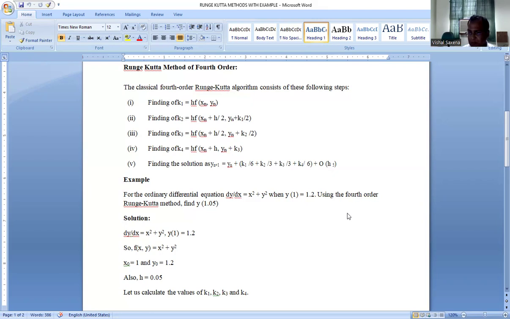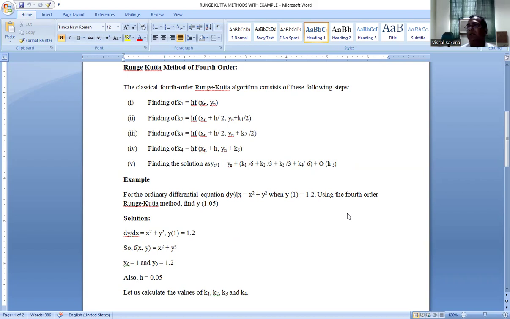So this question, using the fourth order Runge Kutta method, we have to find the value of y at x equal to 1.05. So this method, Runge Kutta fourth order method, is to be used, and we have discussed this method already.